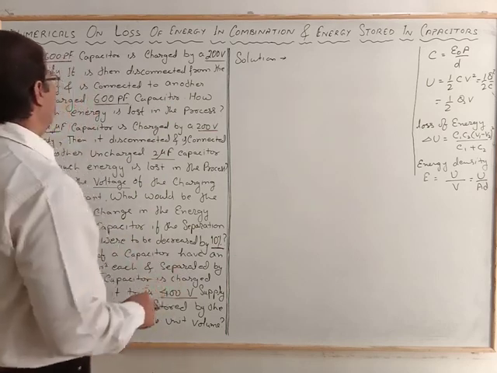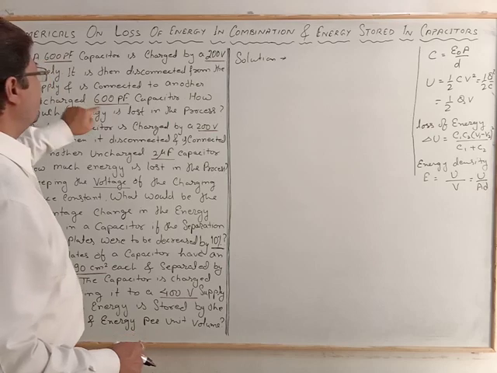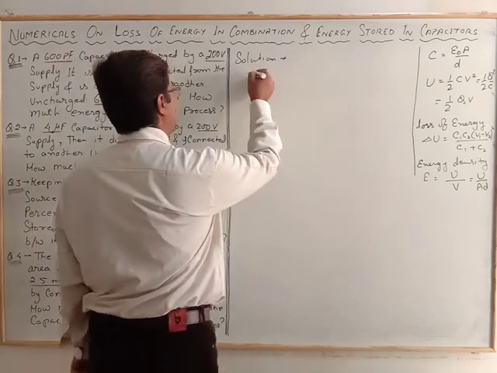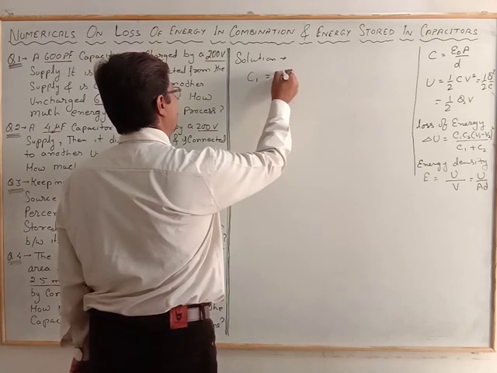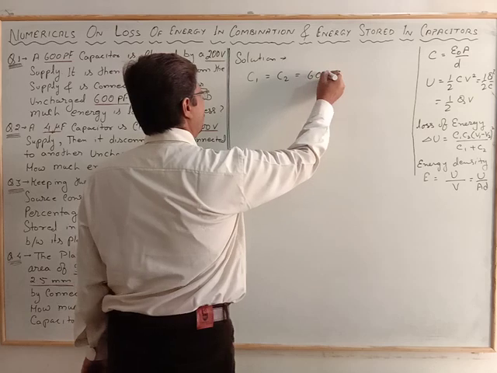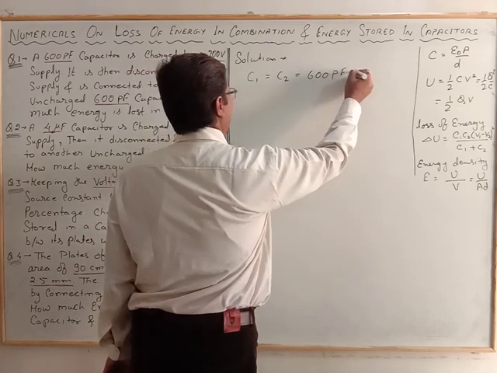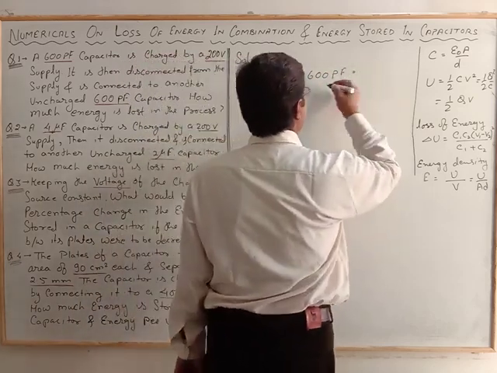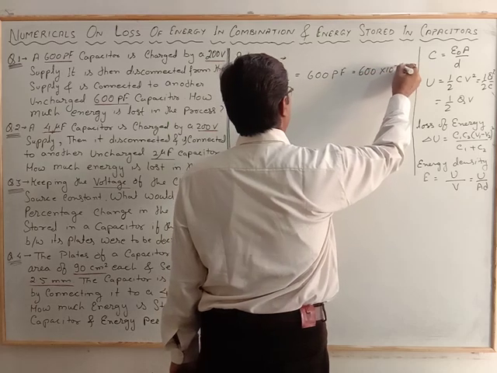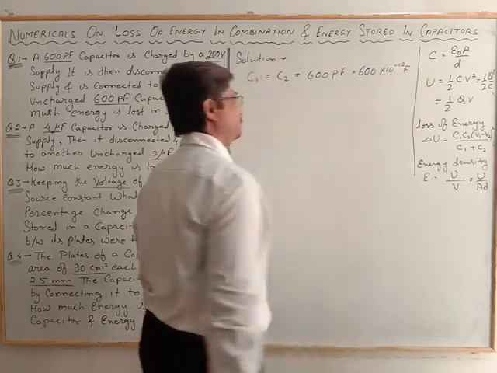So what we observe in this numerical is that both the capacitors have the same capacitance. We consider capacitor C1 equal to capacitor C2 equal to 600 picofarad, or we may write it as 600 into 10 to the power minus 12 farad.